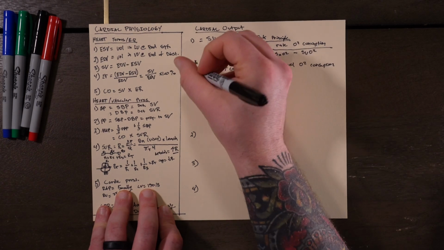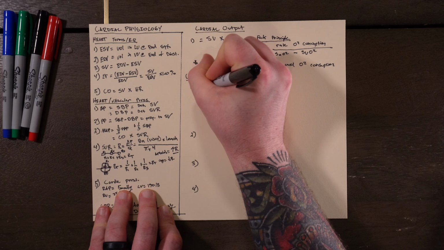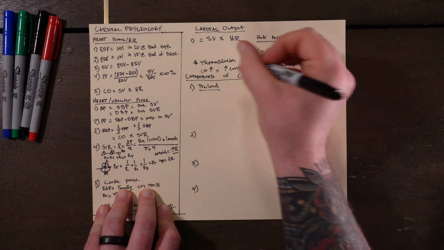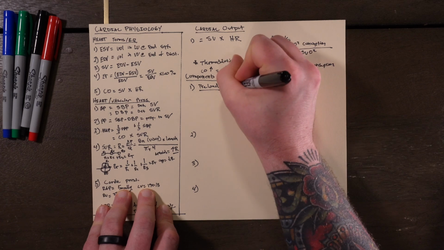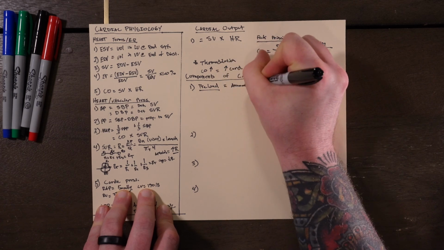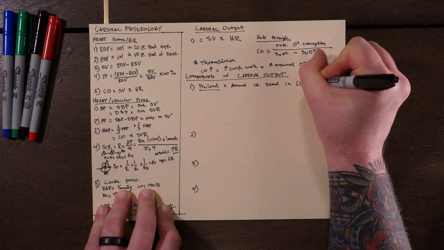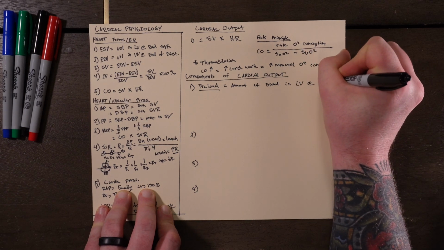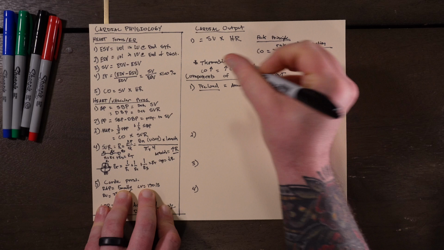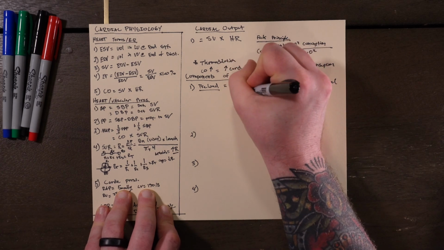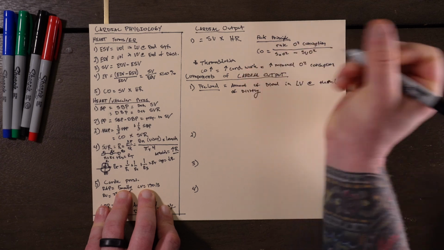So the first thing that makes up cardiac output is preload. So preload is basically the amount of blood in the left ventricle at the end of, yes, diastole, correct. So what is it?